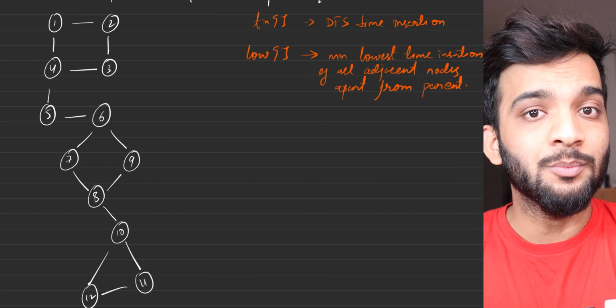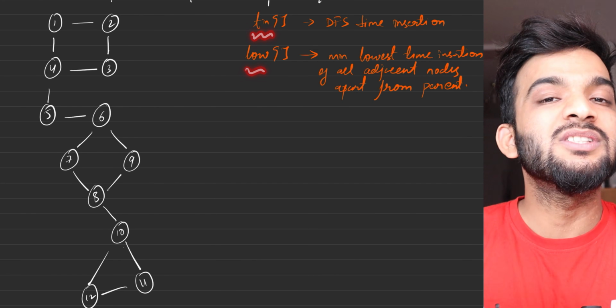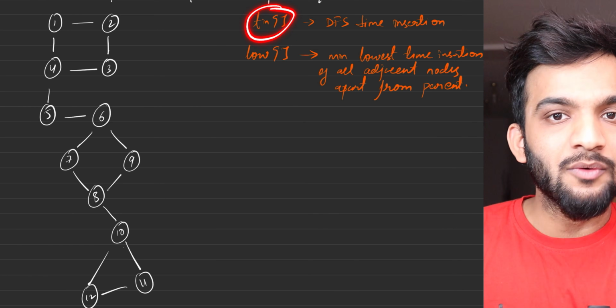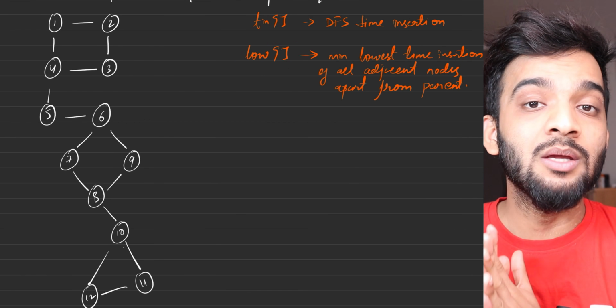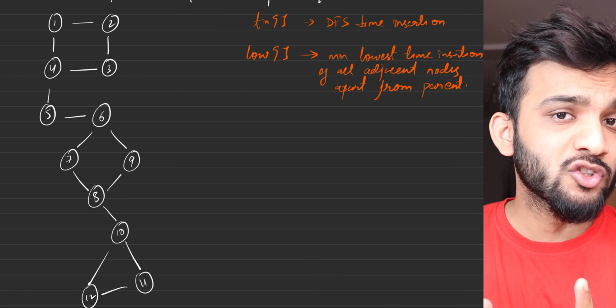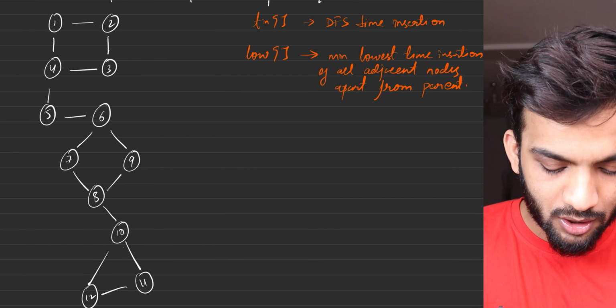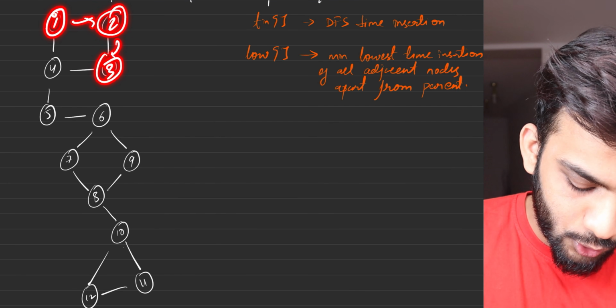To implement the algorithm to find the bridges in a graph, what we will do is we will take two separate arrays. One is the time of insertion, while the other one is the lowest time of insertion. Now, what does that mean? Do you remember DFS traversal? How does DFS traversal work? Maybe it starts from 1, goes to 2, goes to 3, then goes to 4.